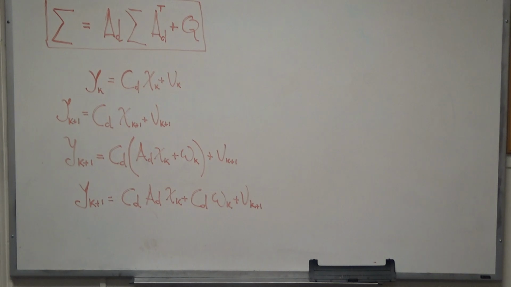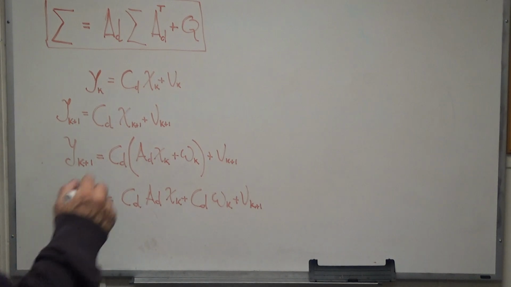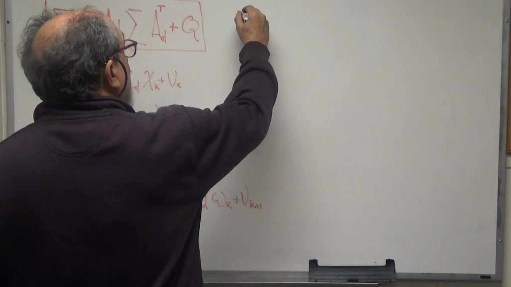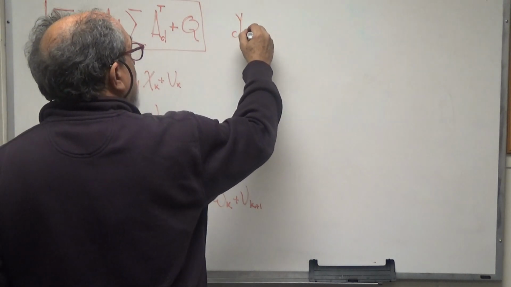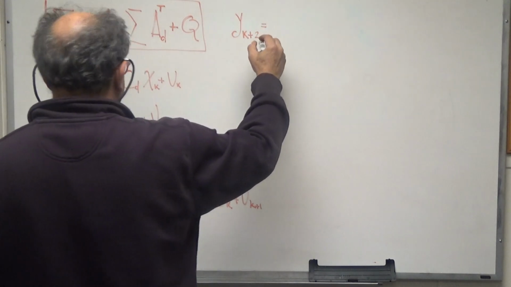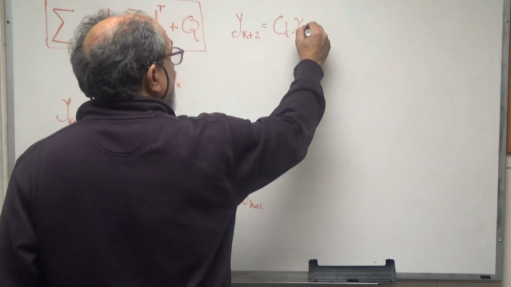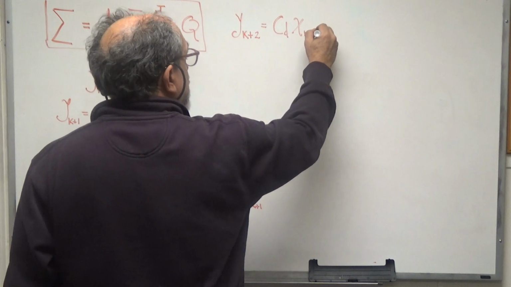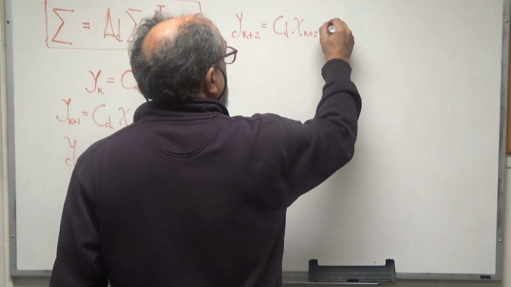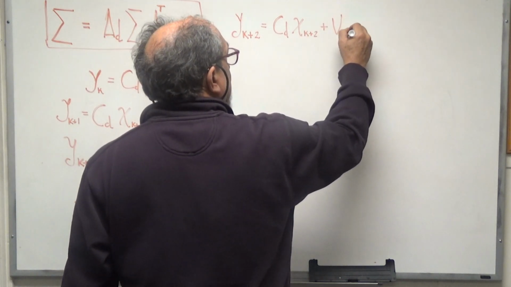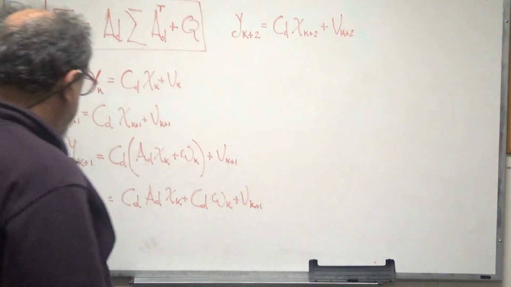Now, I'll do one more. What is y at k plus 2? Well, it is equal to CD x at k plus 2 plus v at k plus 2, right?